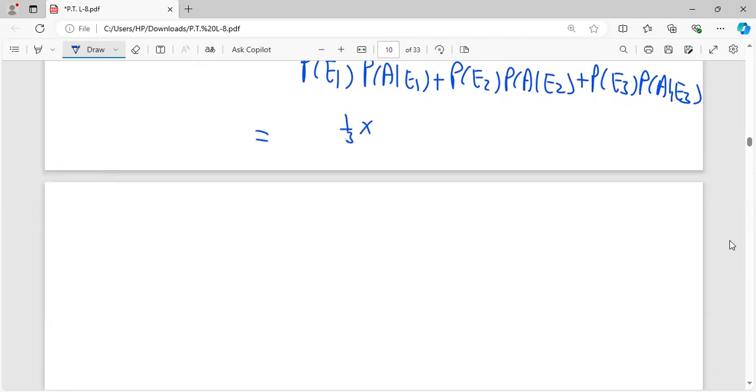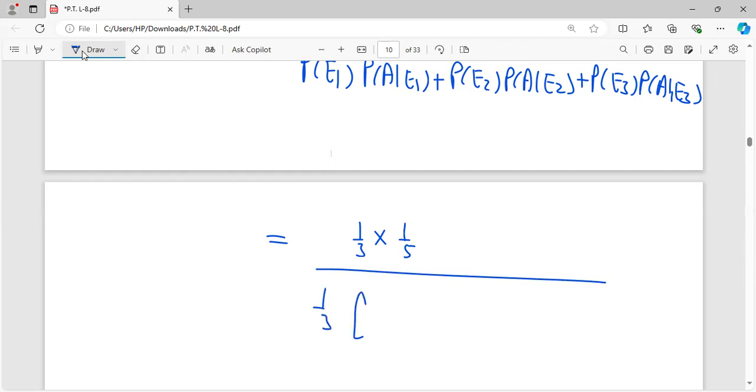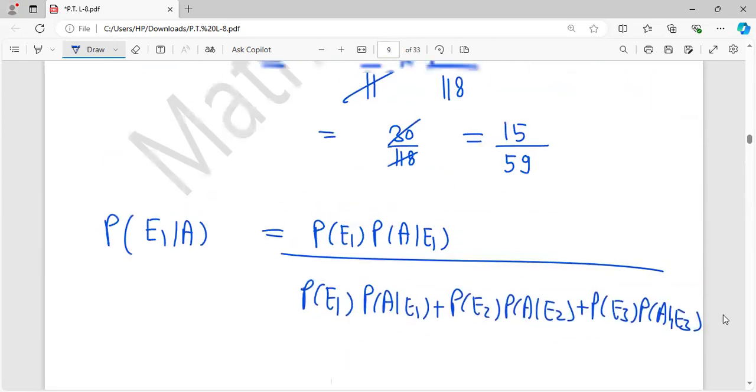So this is 1 by 3 and 1 by 5. So 1 by 3 will come common, with 1 by 5 plus 1 by 3, 2 upon 11. So this cancels out.